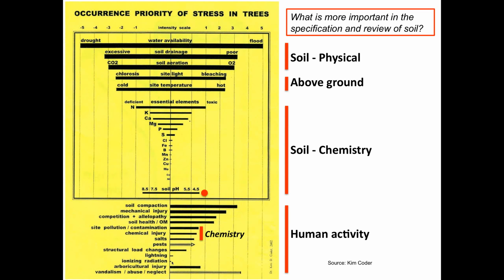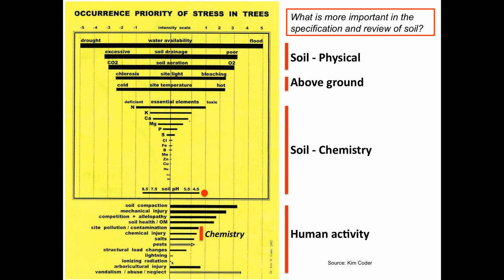The above ground issues of light and temperature have another big impact. And all of the soil chemistry actually has much, much smaller pieces, especially if you take out nitrogen, which I think we all understand is important.